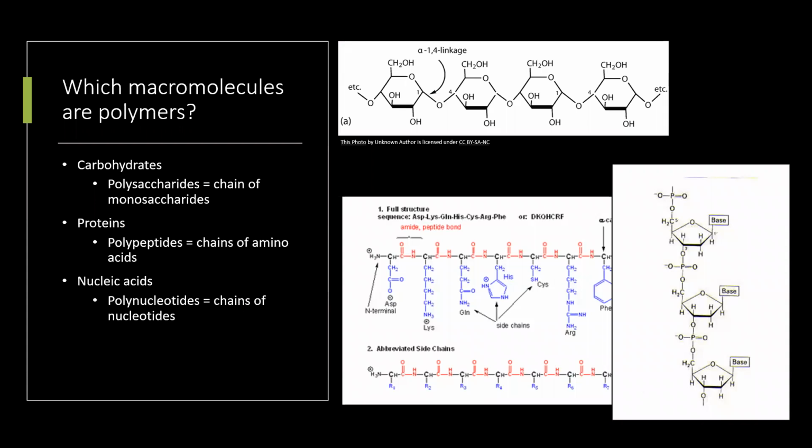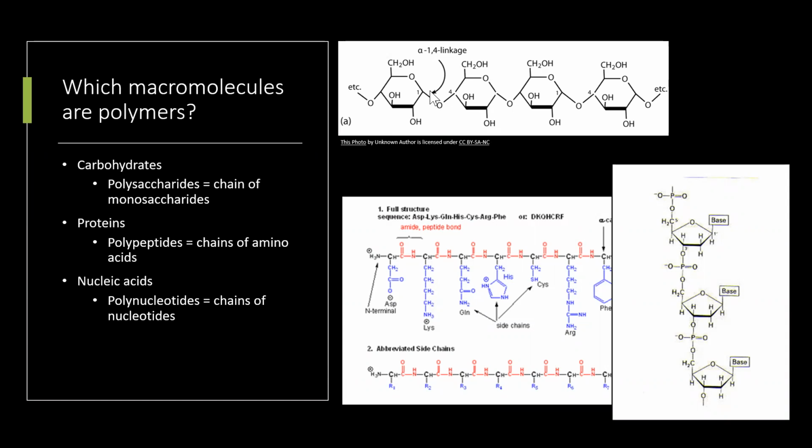So we're going to be talking about 4 biologically important molecules. 3 of them are polymers. We have carbohydrates, which we also call polysaccharides. It's a chain of monosaccharides. Up here I show an example of it, where each one of these little parts is a monomer.